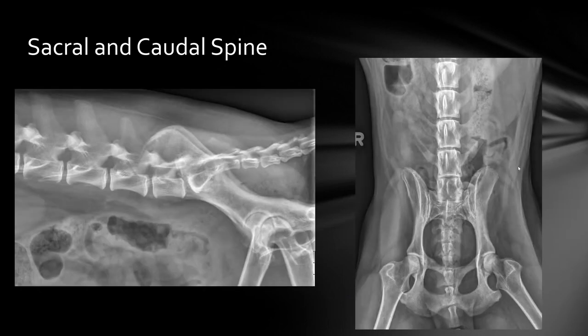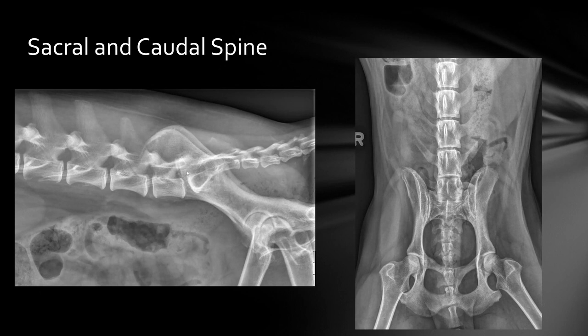There is one thing I wanted to show you because I think it gets pretty frequently mistaken for an abnormality. When you look over the cranial aspect of the sacrum, where it superimposes with the ilium, at the lumbosacral junction here, there is this ill-defined area of increased opacity. And very frequently, people wonder, is this intervertebral disc mineralization?